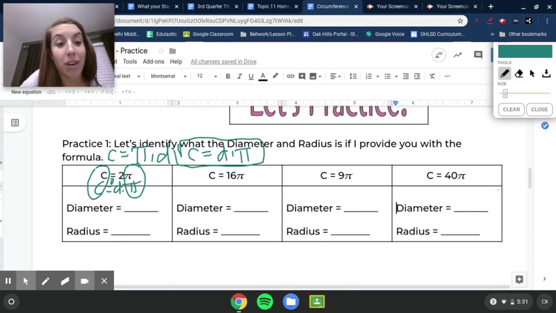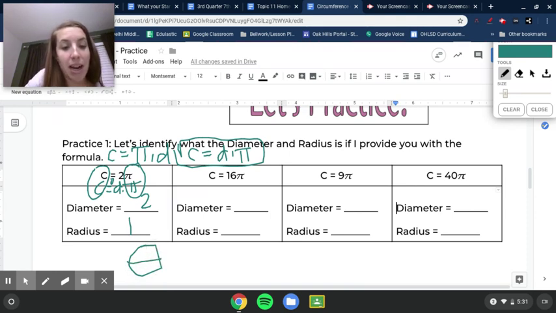It's 2, because that's what's in the formula. So if the diameter is 2, then the radius is half of that, because remember from the picture above, it's 1. So remember on your circle, your diameter is the distance all the way across, and then your radius is just the distance from the center to the outside. All right, that was a horrible circle, sorry.